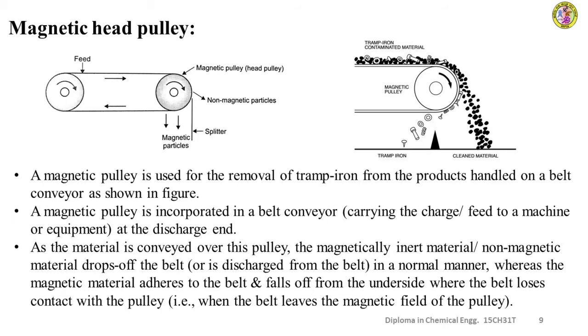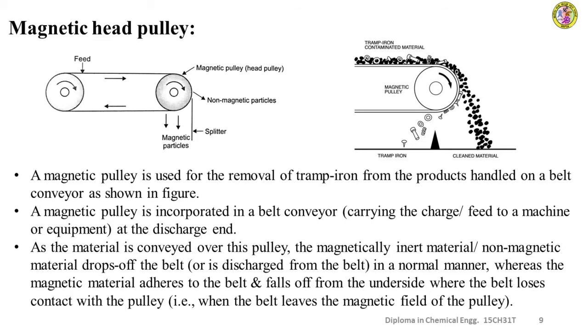When the pulley turns, the material starts falling down, and the non-magnetic materials will fall off easily as soon as the belt turns on the pulley. So they will be collected at a certain distance from the head pulley.